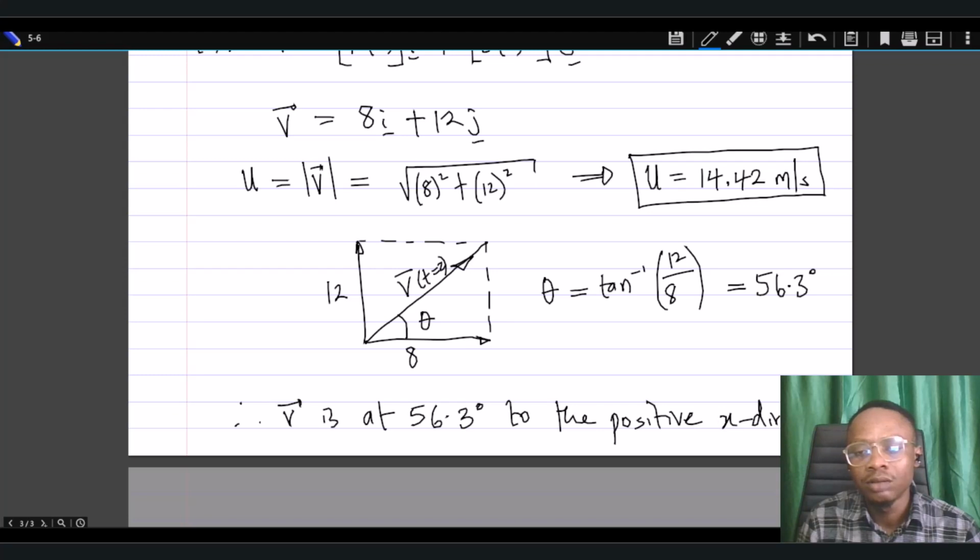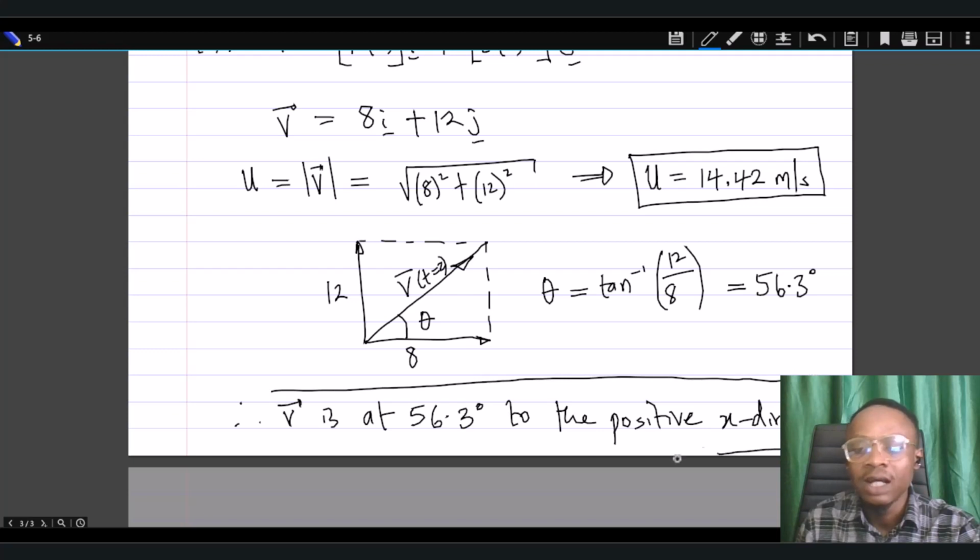This is the positive x direction, and the angle it makes with it is 56.3 degrees. So this is a sufficient statement to specify the direction of the velocity. This is another part of our result.